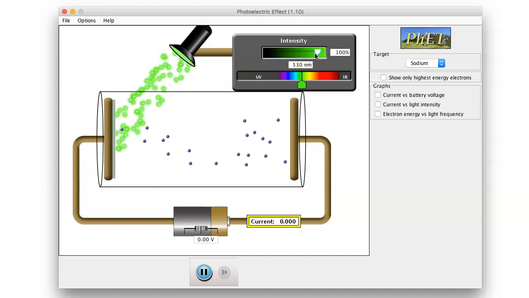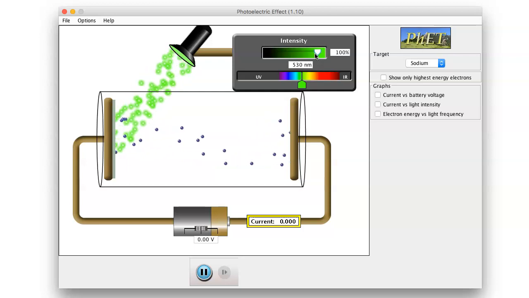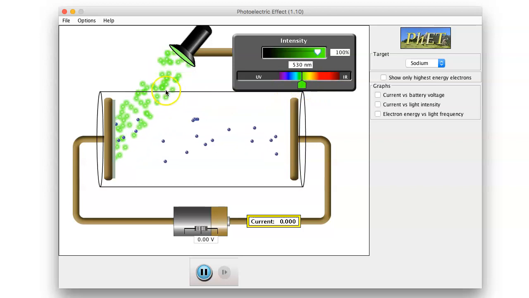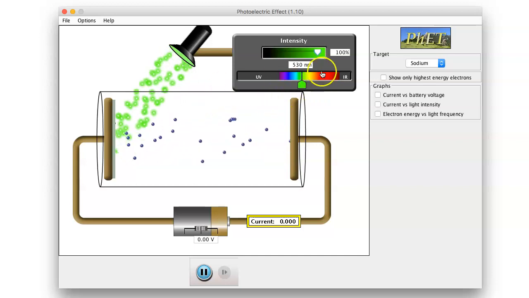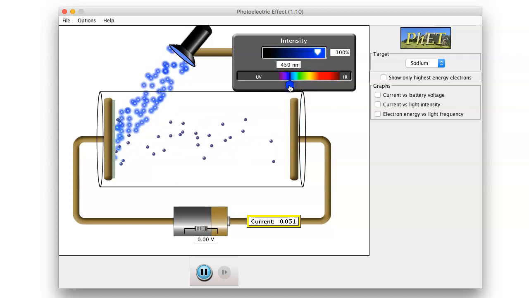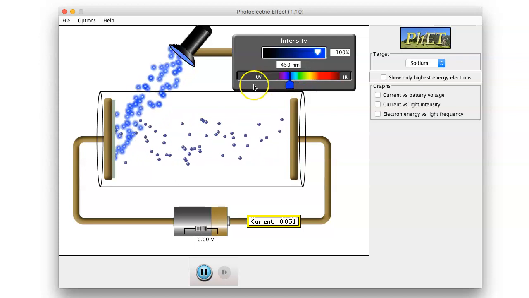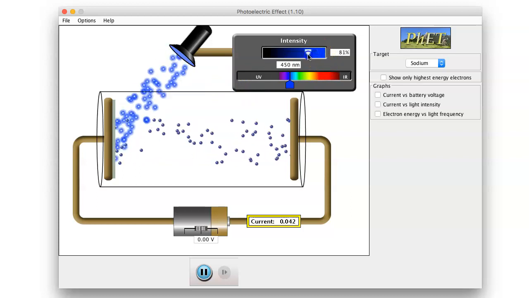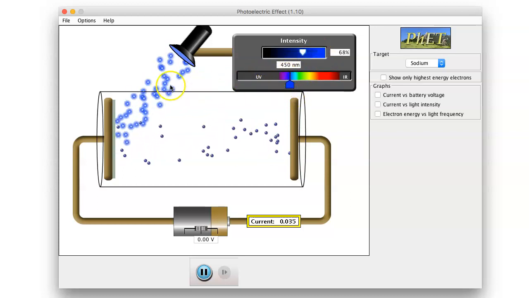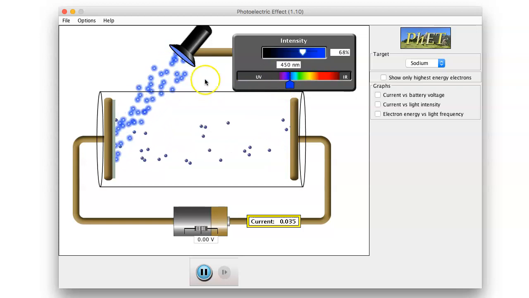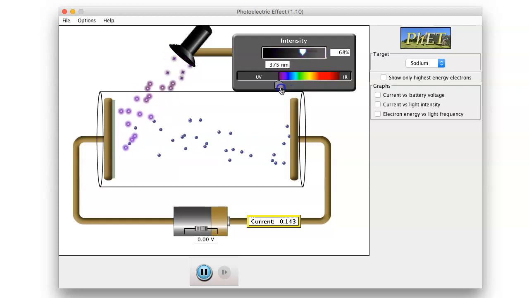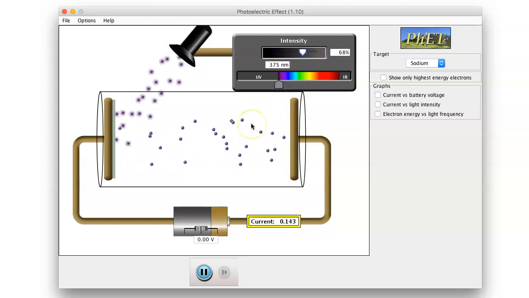And of course, the fourth and most important part, which we're going to use, is that once we exceed the threshold, if each photon has even more energy, you're going to notice that the electrons travel faster. So forget about the intensity; if I increase the energy per photon by increasing the frequency, by lowering the wavelength here, you can see there are going to be electrons moving faster.